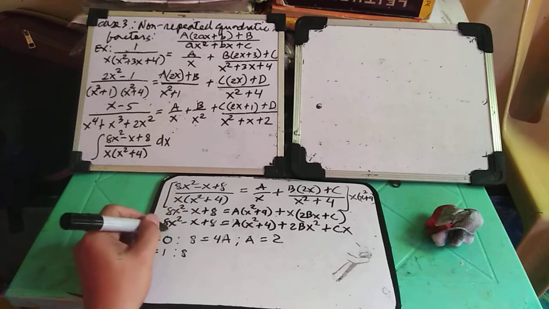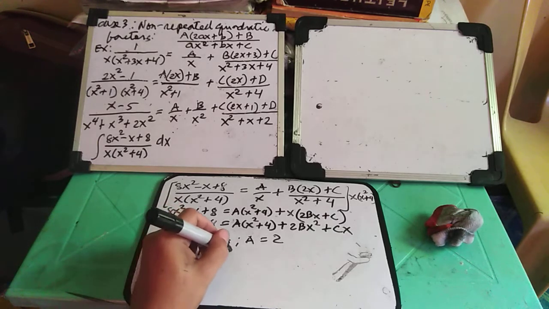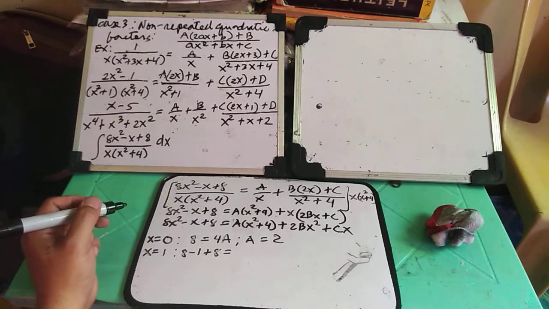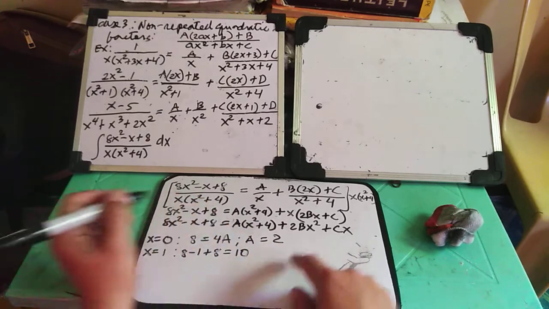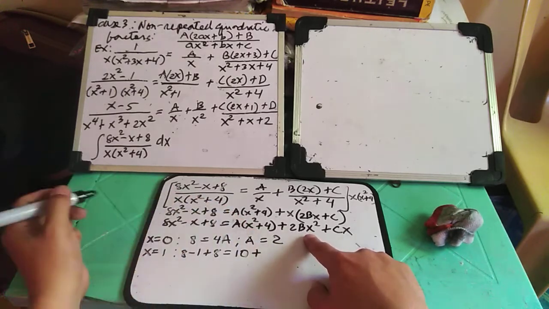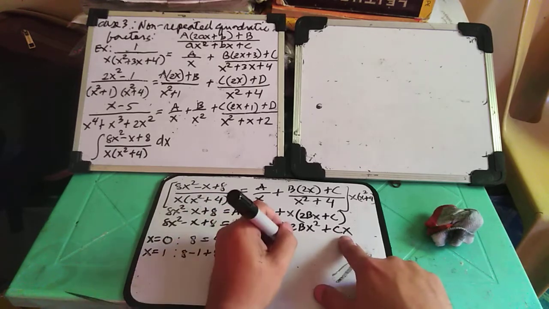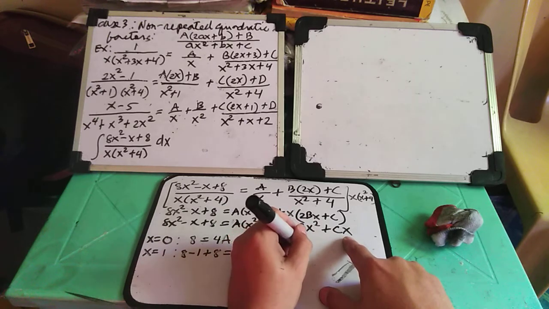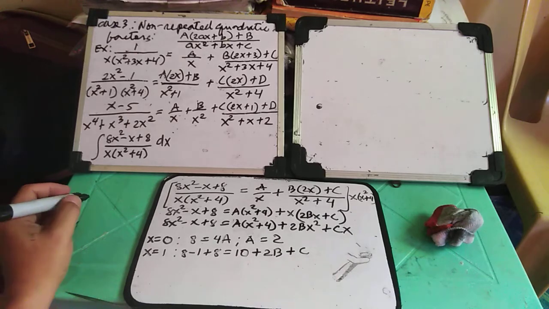So 8 minus 1 plus 8 equals 1 plus 4, 5 times a. A is 2, so 10, plus, x is 1, so 2b plus c times 1, so plus c.